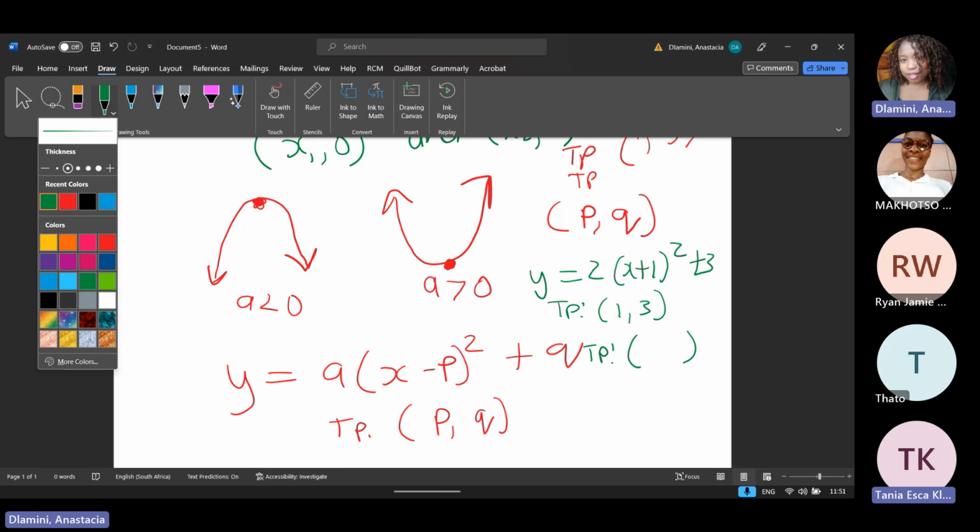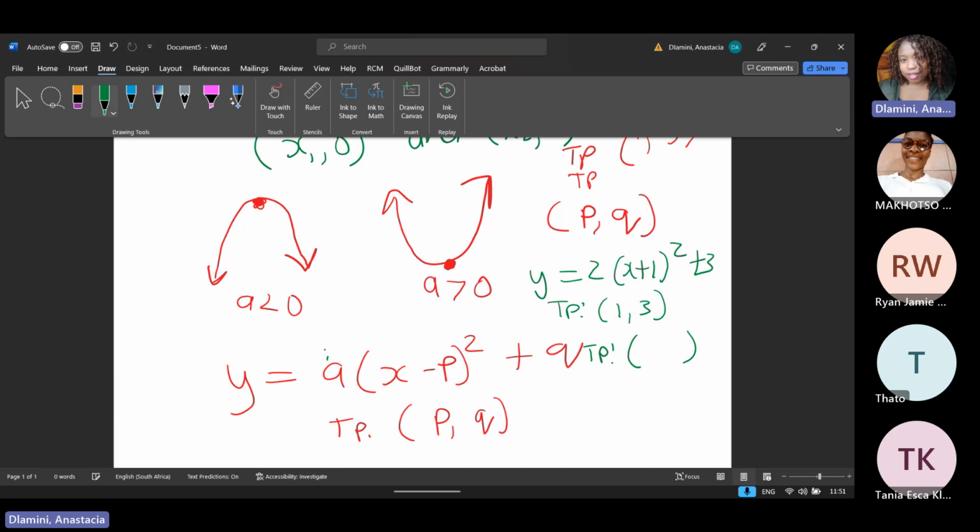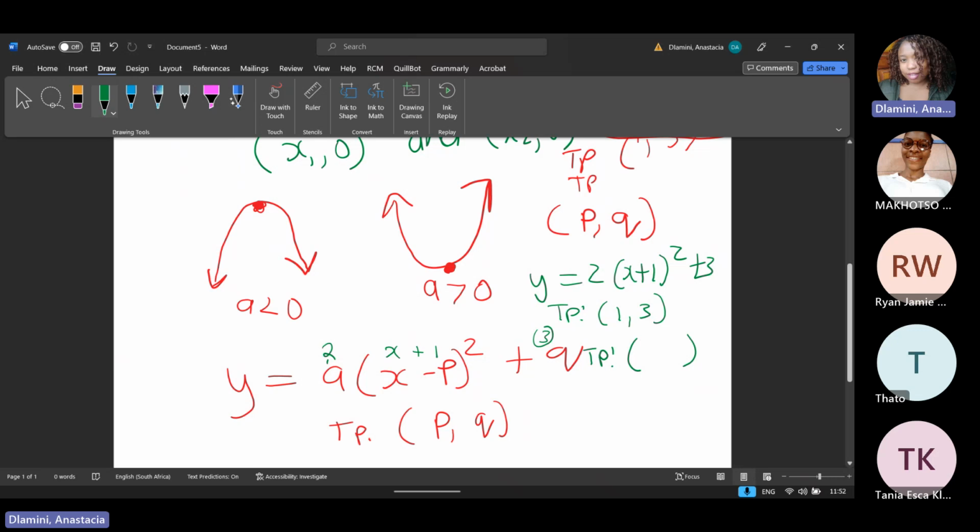May I please have a second option? So in our case, this a is 2, x plus 1, q is 3. May I please get the second answer? I don't mind even if I get it from the same person, but it has to be different from what I was given.